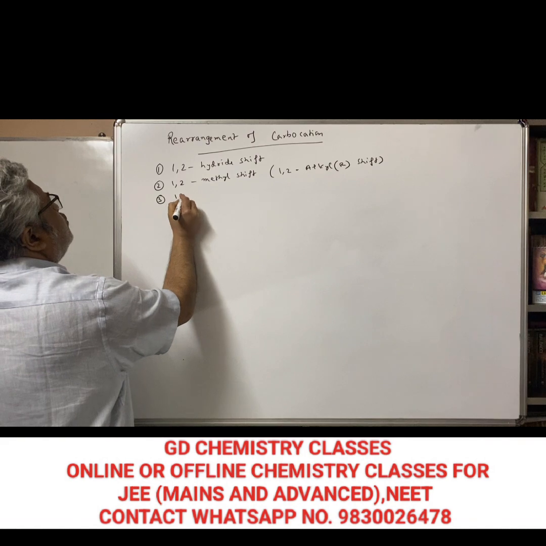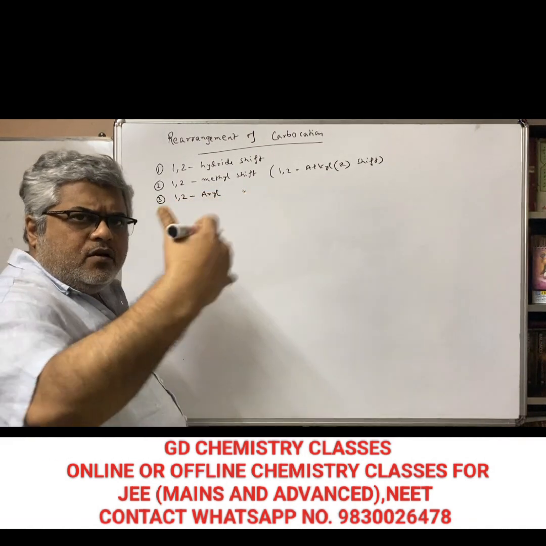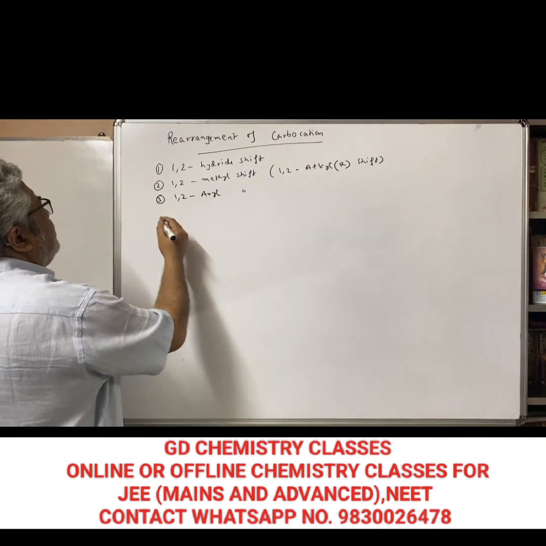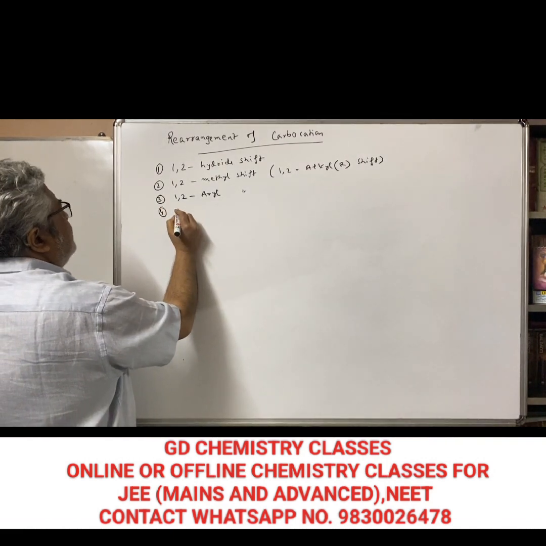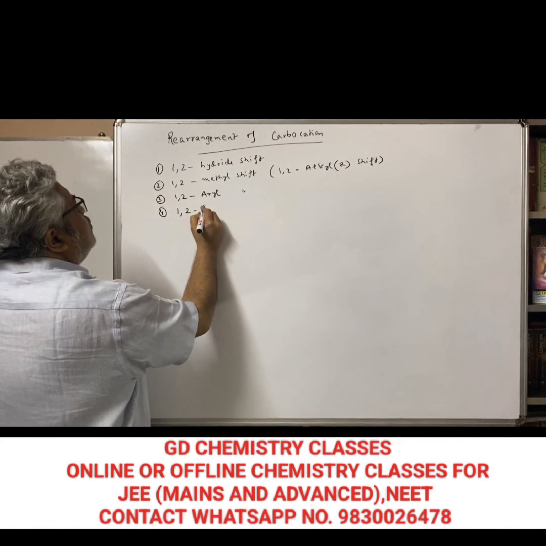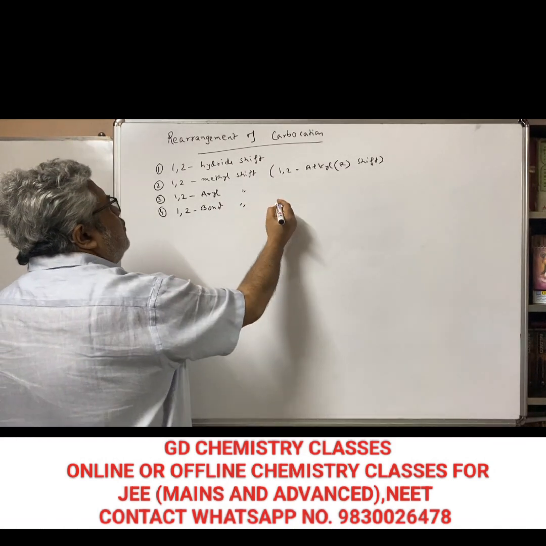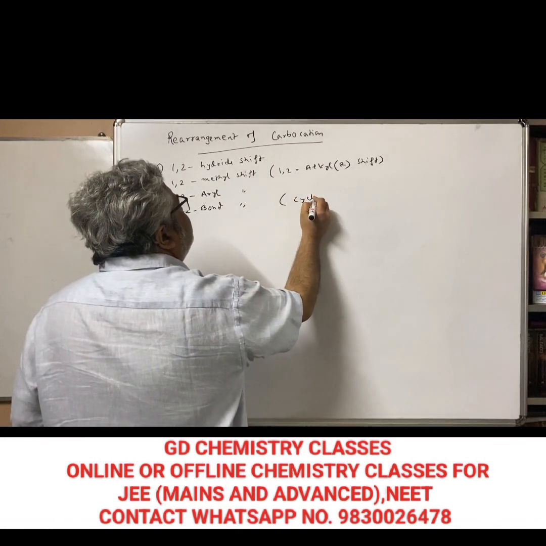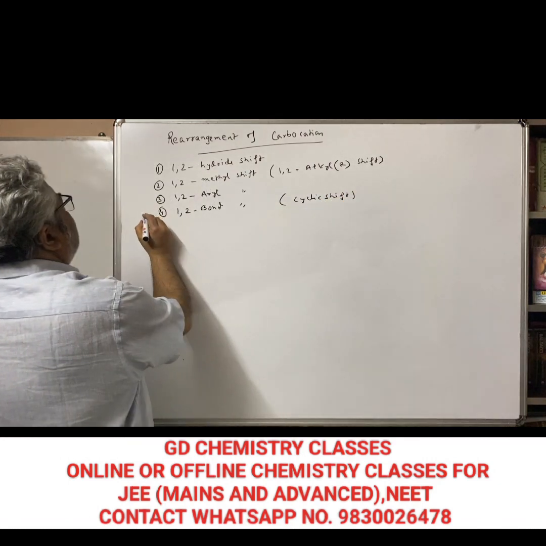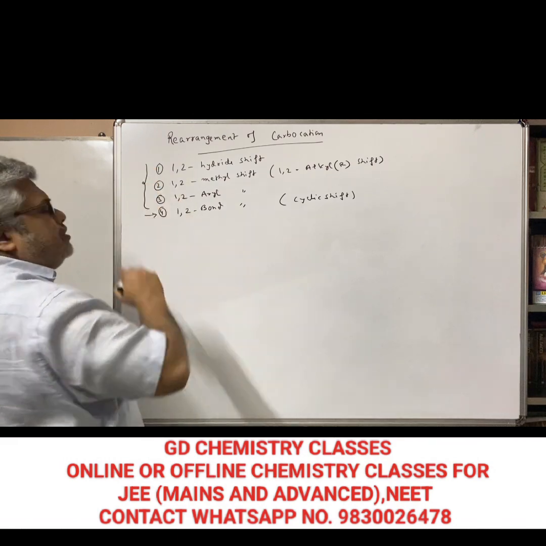Number 3 is 1,2 aryl shift, benzene or benzene derivatives, phenyl or phenyl derivatives. Number 4, which is different from the other 3, is 1,2 bond shift, which is actually a part of cyclic shift. Now we'll discuss this 4th one last. We'll first discuss these 3.